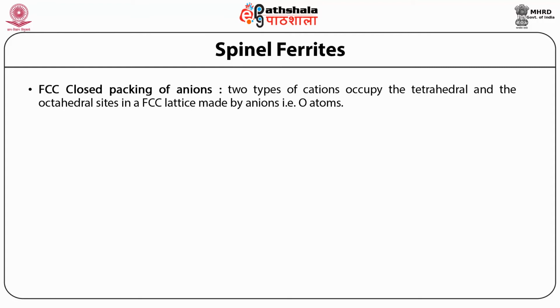Cubic spinel ferrites have the chemical formula AB2O4 and they possess a face-centered cubic, that is FCC, structure. In such a crystal structure, two types of cations occupy the tetrahedral and the octahedral sites in an FCC lattice made by anions, that is O atoms.